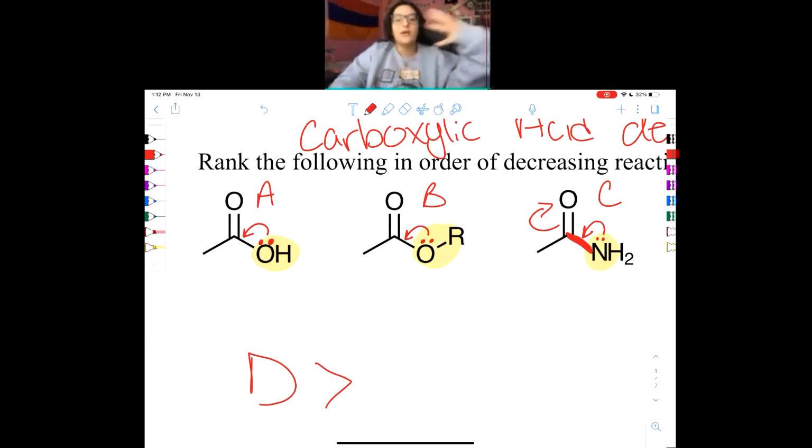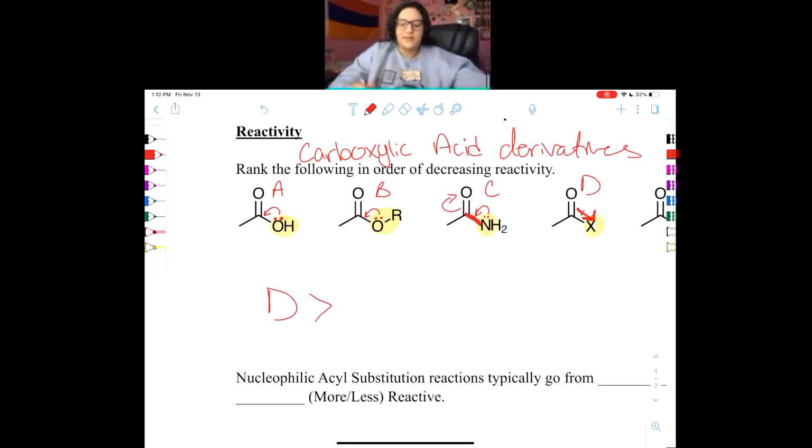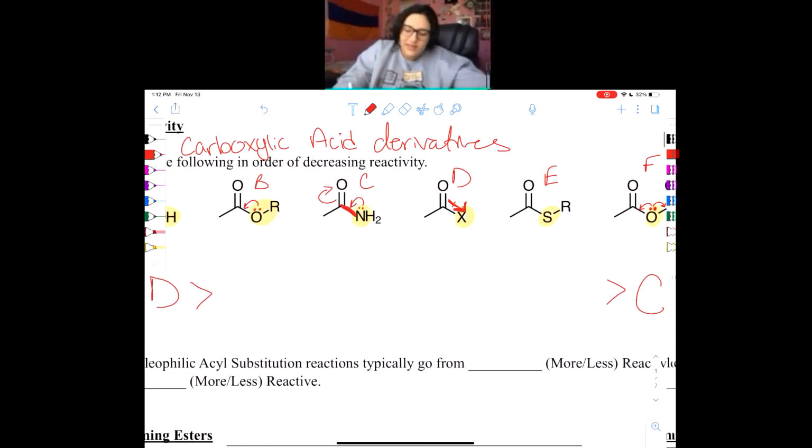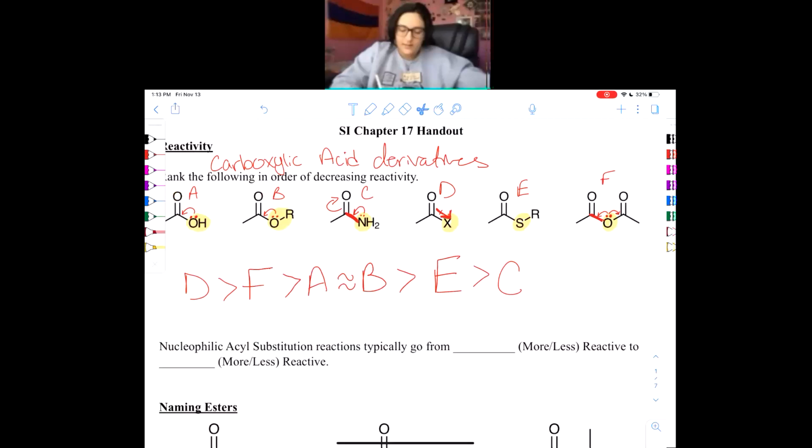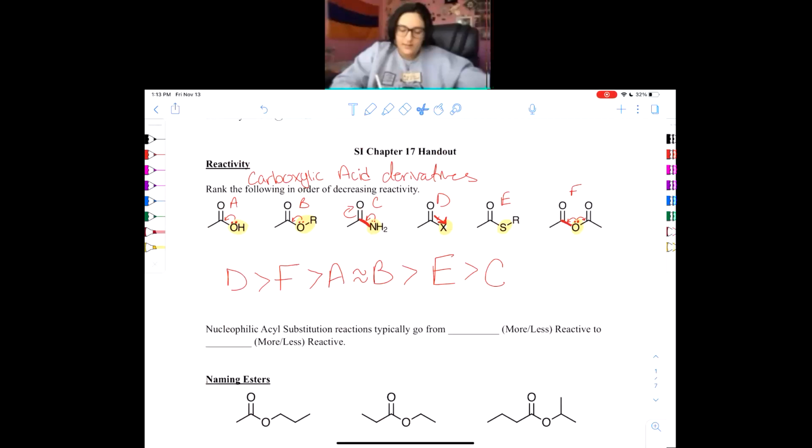So there's going to be more electron density donated in A and B than there will be in F. So we know that this bond in F is weak. It's going to be super weak. And so F is the next most reactive. And then we know that A and B are approximately the same reactivity. So I'm going to do it like this. And then the only one we have left is going to be E, which is our sulfur. And so if I zoom out, ta-da.